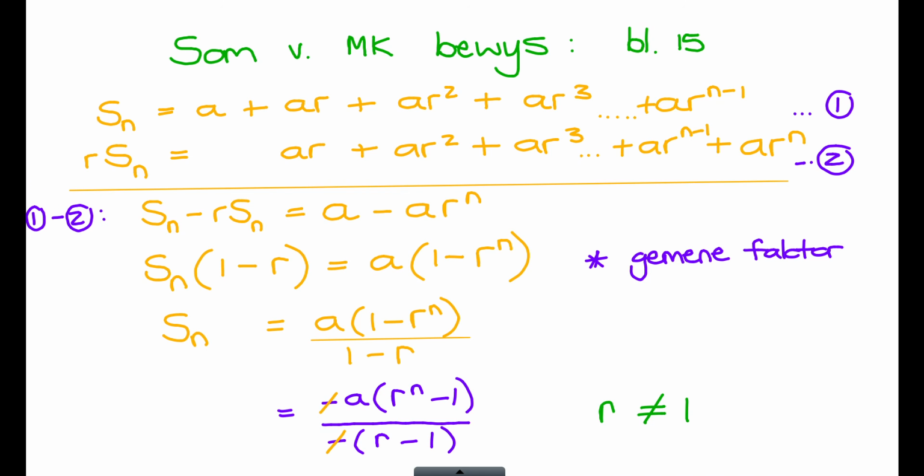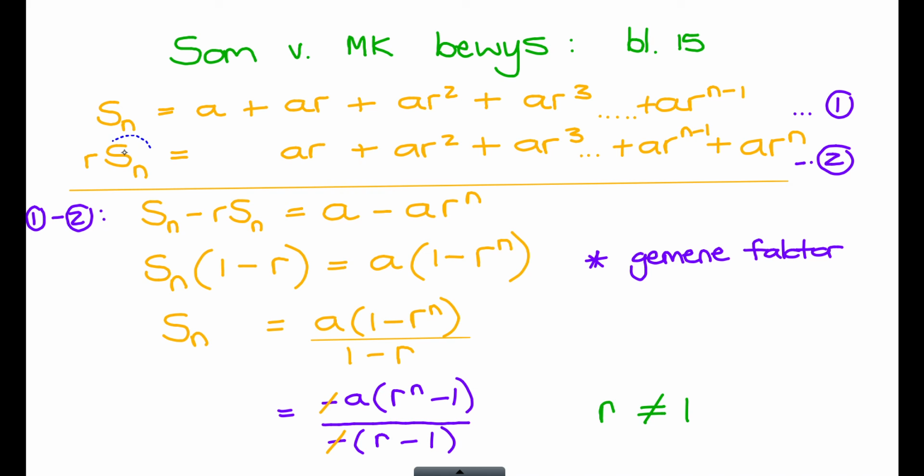Okay. Are you at the R is not equal to 1? This one. Okay. Right. So all they did here, look at that, sum of n.